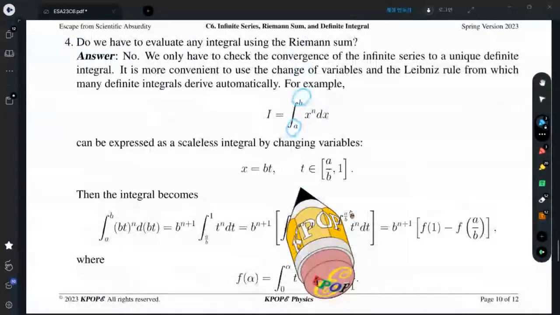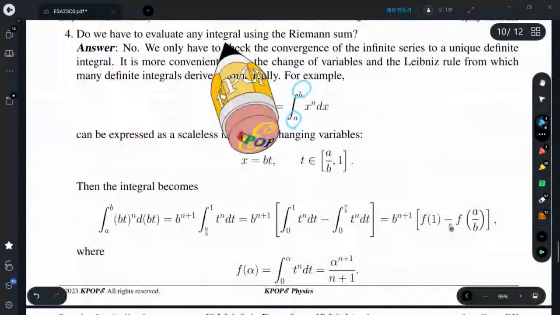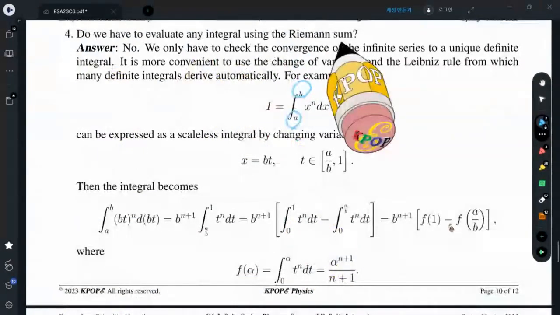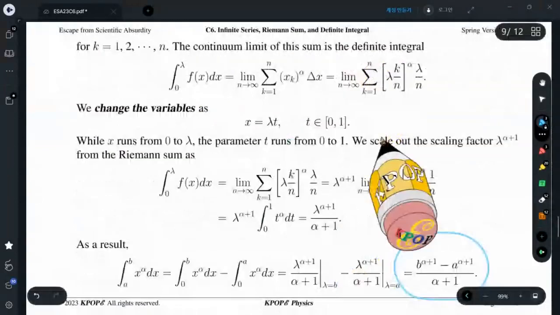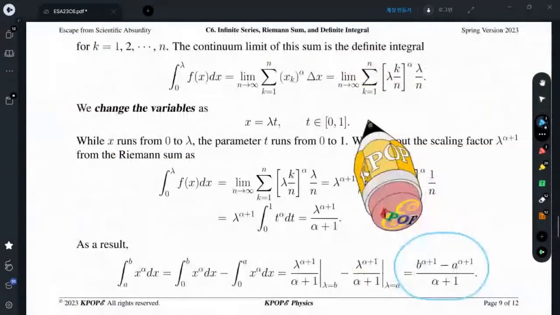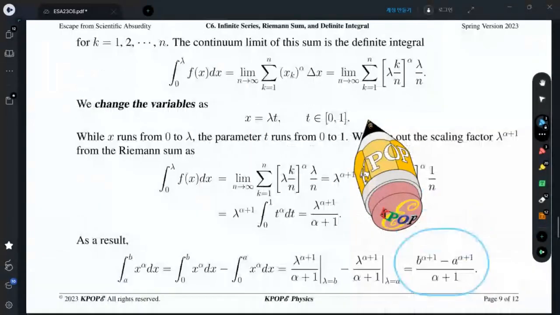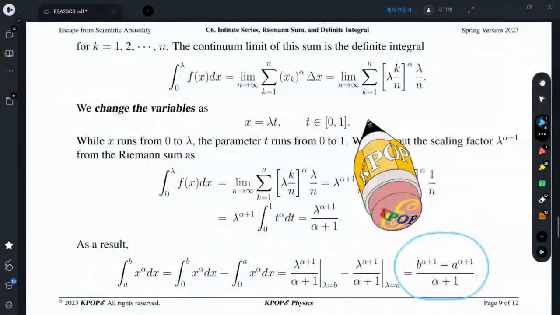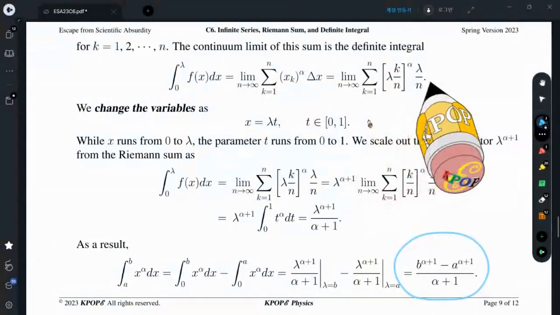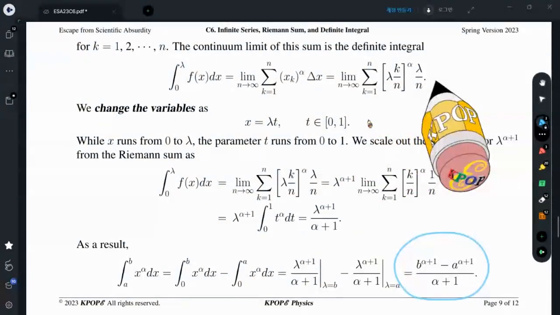Next, do we have to evaluate any integral using the Riemann sum? What I have shown you is to apply the Riemann sum method, and this method is not applicable in numerical calculation. In numerical calculation, the computer does not know how to deal with an infinitesimally small number, and in that case, as you take the limit n goes to infinity, the computer has its own physical limitation.